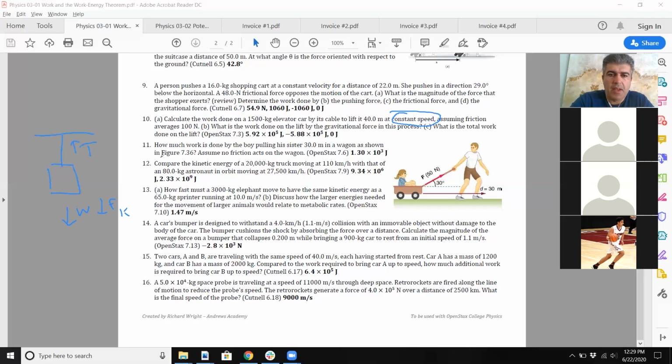And plus 1,500 times 40 times 9.8. 100 times 9.8 plus 100 times 40. Yeah, so here's what's happening.